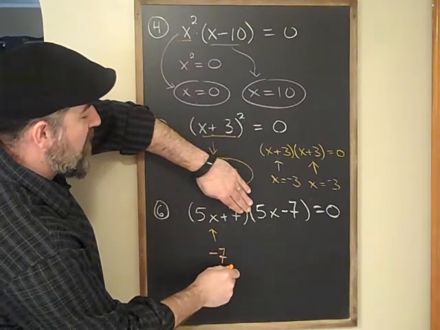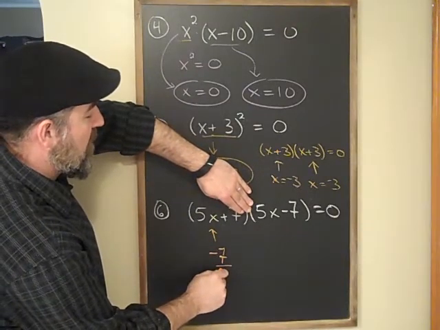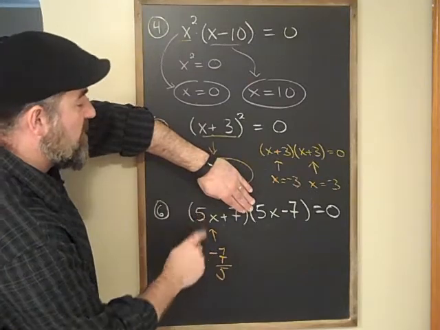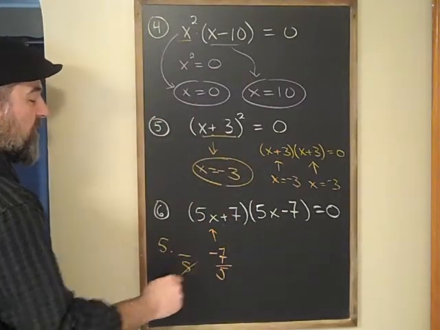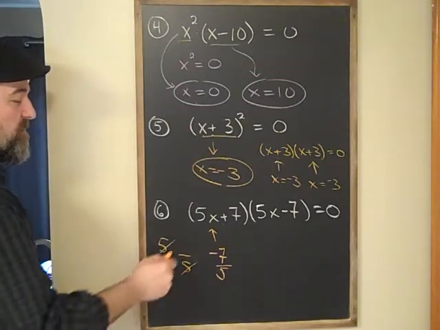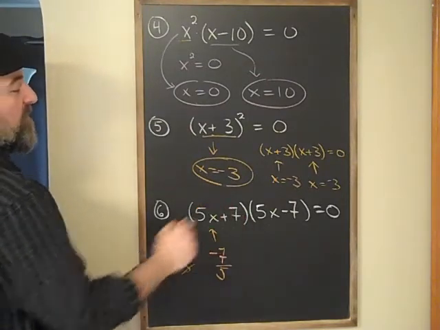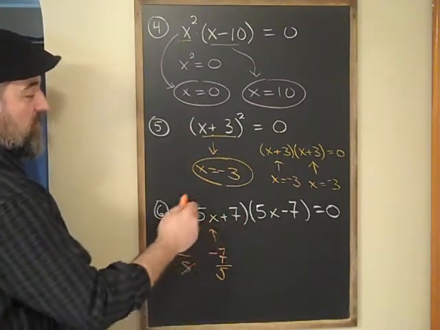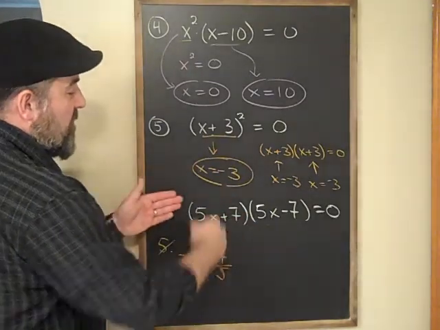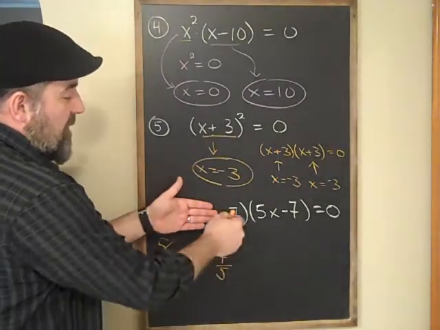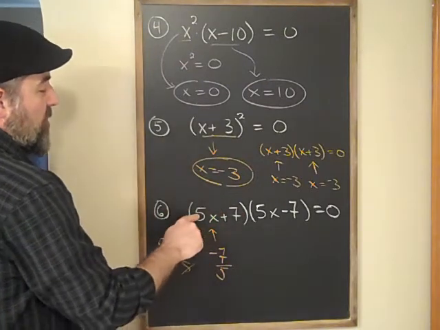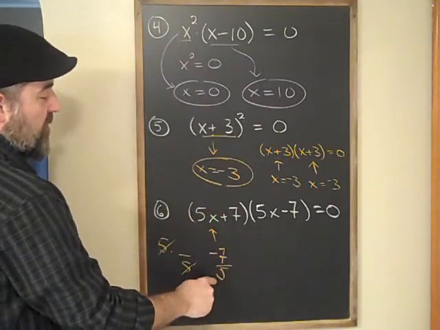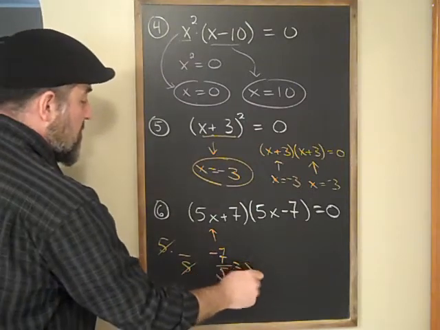So what I do in my mind is I just put that negative 7 over 5. Because in my mind I can see if I take 5 times anything that's over 5, they're going to cancel out. So whatever it is that I want to add to get 0 for this factor, I cover it up, I say, oh my gosh, it's negative 7, and then I want the 5 to go away, so I put the negative 7 over 5.